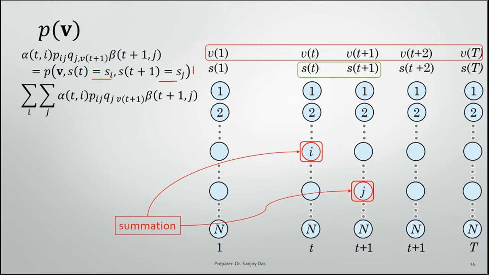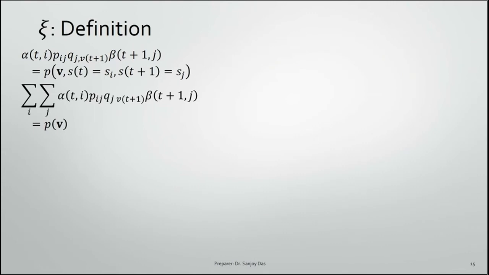I eliminate from my joint probability St equals Si, and I also eliminate St+1 equals Sj. What remains is P of V. So I obtain the probability of V.